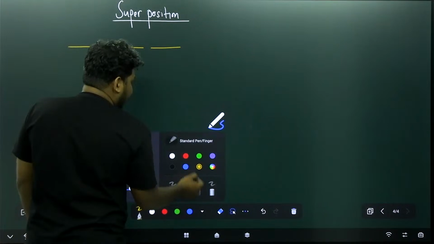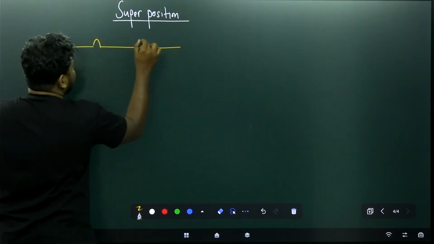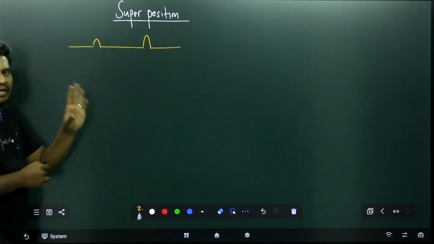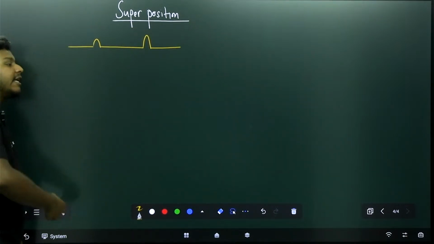One pulse is like this, the other pulse is like this. Pulse means when I move the rope something like this, I can create a pulse.